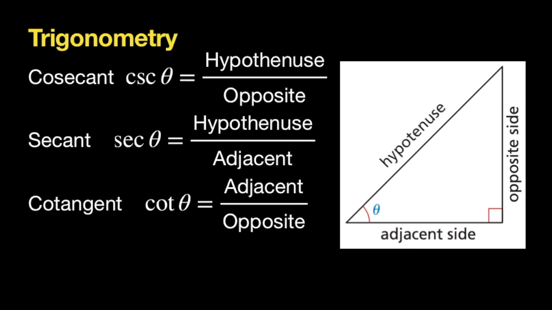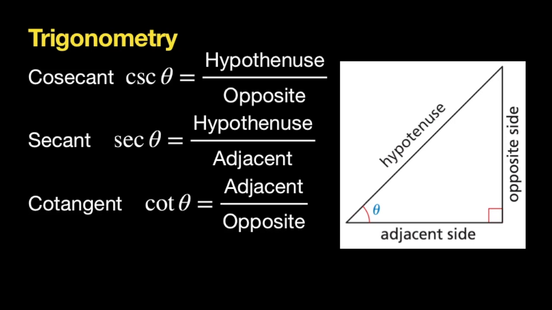For secant, you're going to get the hypotenuse divided by the adjacent. So instead of using cosine where the adjacent part is the numerator, now we have the hypotenuse. And cotangent is related to tangent, so the opposite over adjacent, you're going to flip it and you get adjacent over the opposite side.